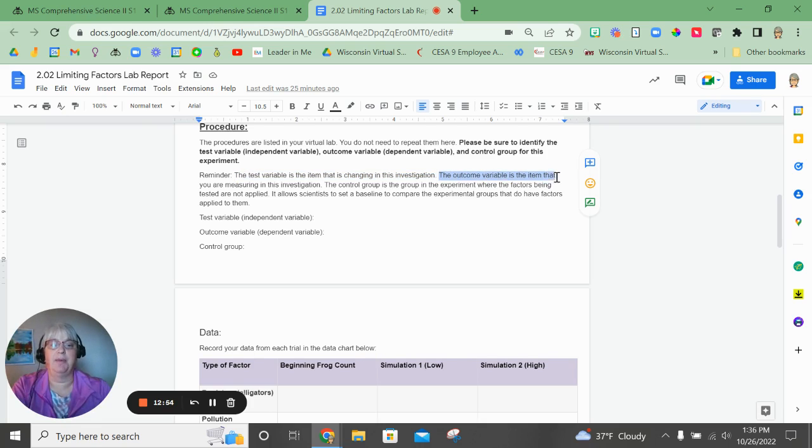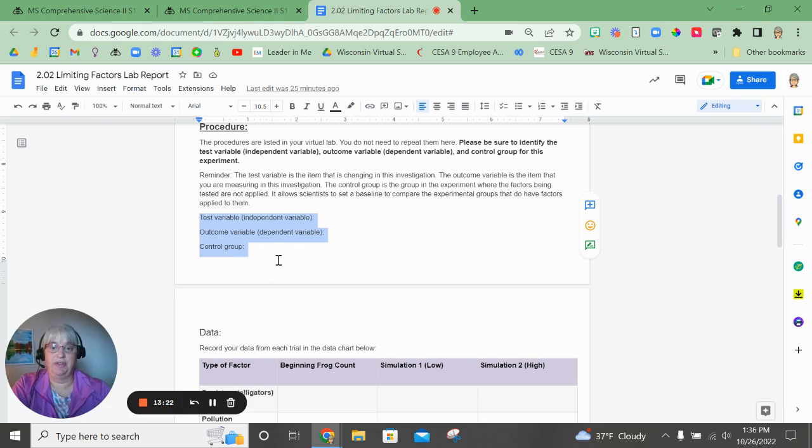The outcome variable is the item that you are measuring or counting. And then the control group is the group in the experiment where factors being tested are not applied. So before applying those limiting factors, the control group, what did we measure? It's like a baseline that we can use to compare. So make sure you list those 3 things here. This is often the part of a lab that students are forgetting to complete.